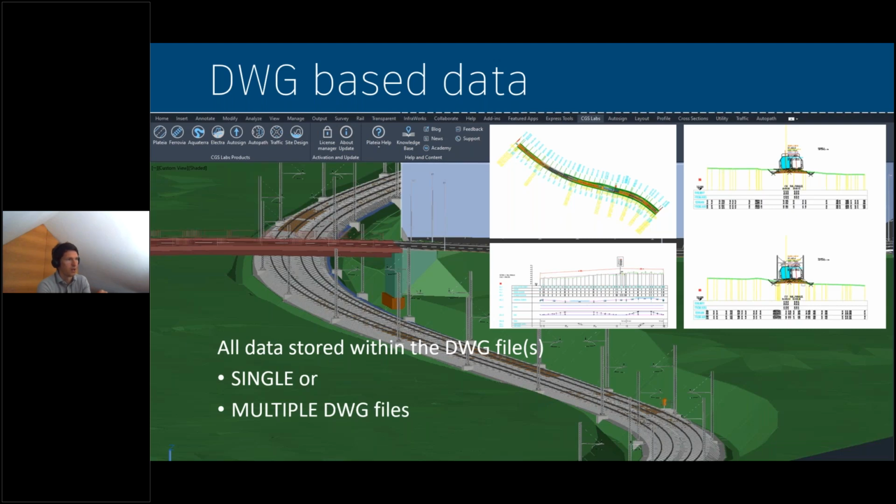You can create a layout in one drawing, continue with the profile in another drawing, and create multiple cross-section designs in different drawings. And then in a separate one, have the BIM model, which is very data consuming. So that's a great feature to use.